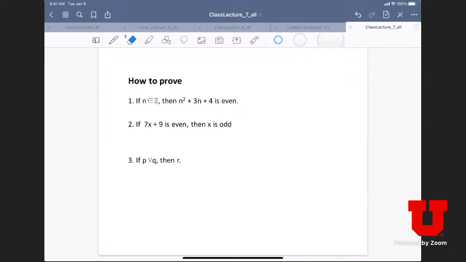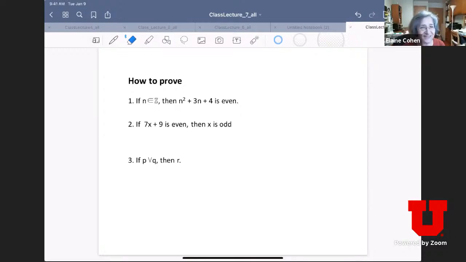My initial thought is to prove it by cases with n being even and odd, I think. That's very good. That's a direct proof with cases. That uses the division theorem, even and odd.